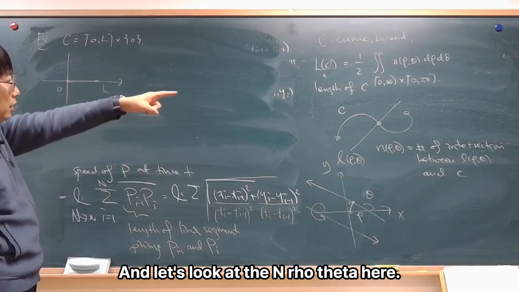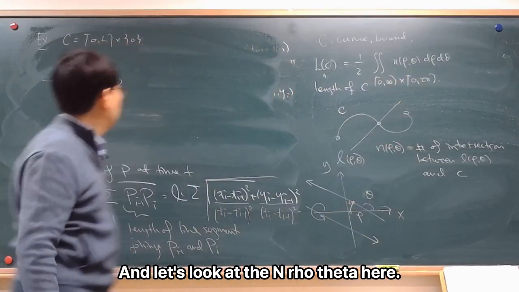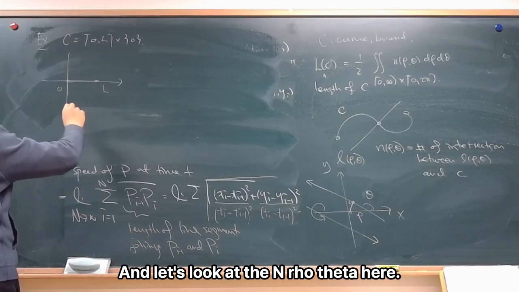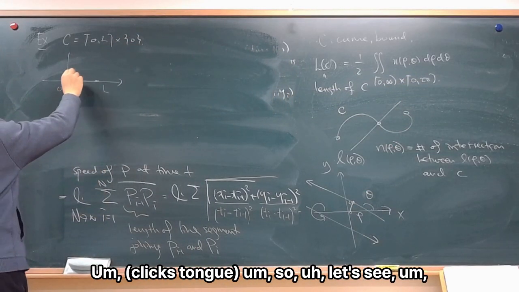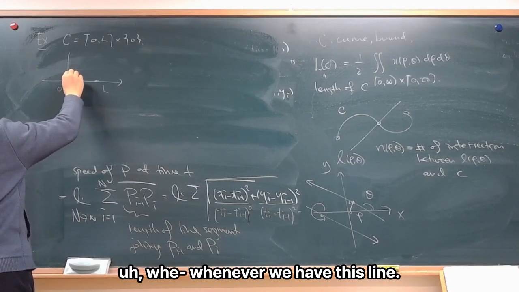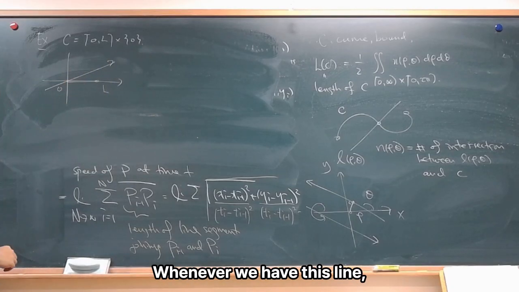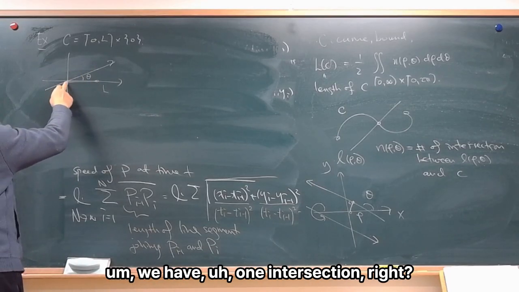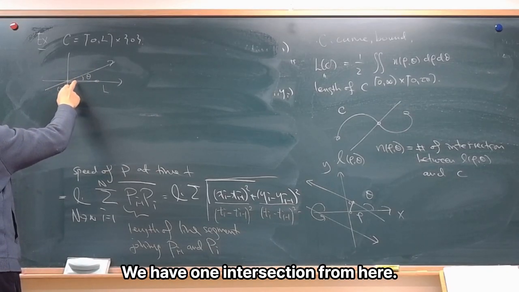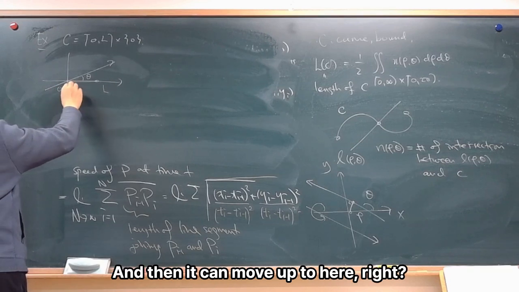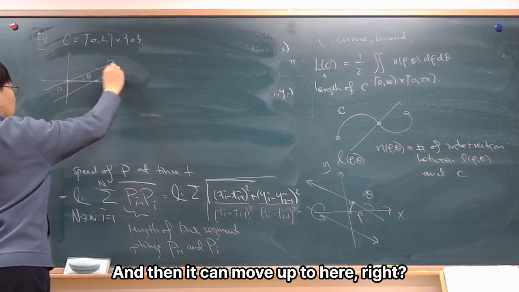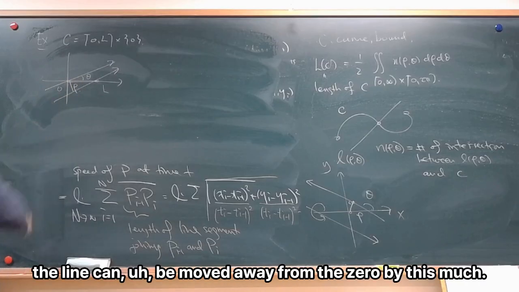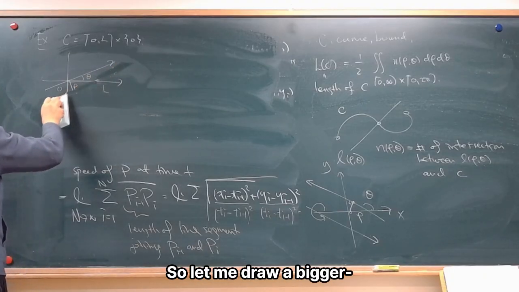Let's look at n of rho and theta here. Whenever we have this line, let's say our angle is this much, we have one intersection, right? We have one intersection from here, and then the line can move up to here. So the line can be moved away from the origin by this much. So how much is this? Let me draw a better picture here.